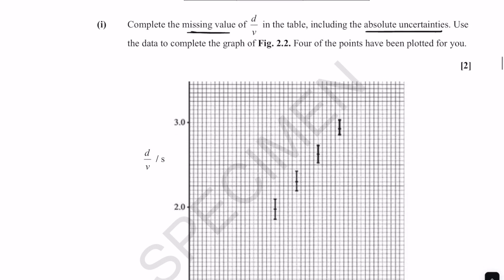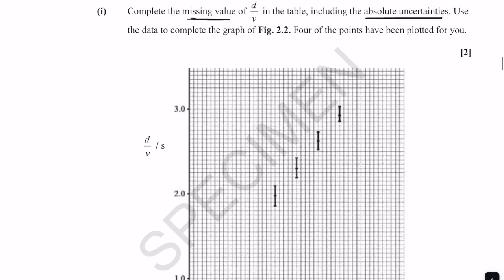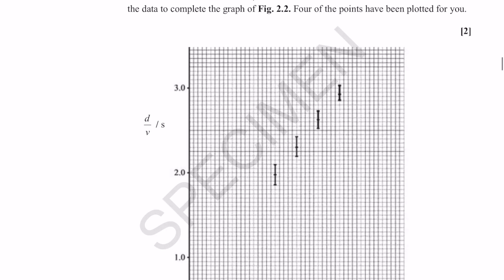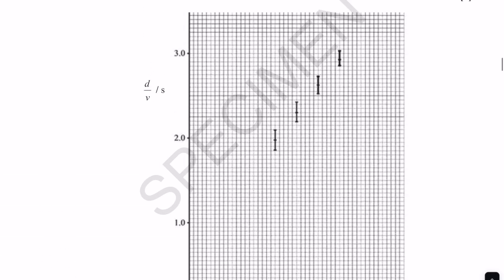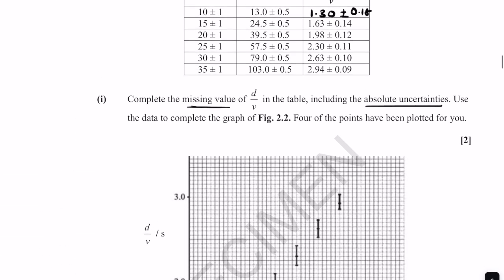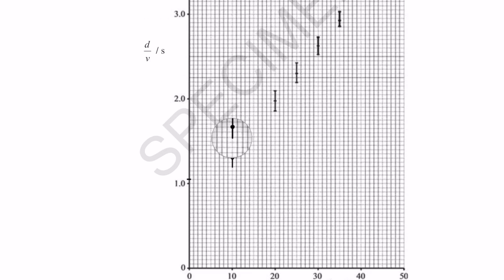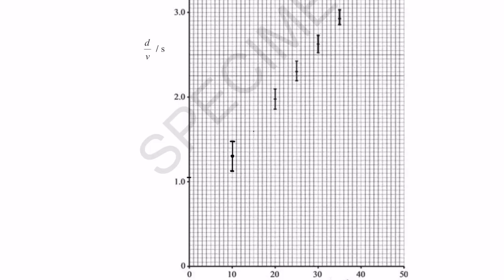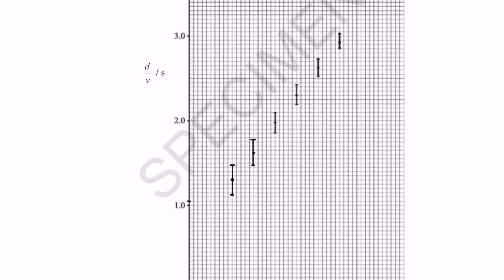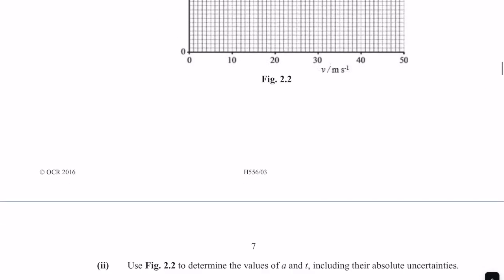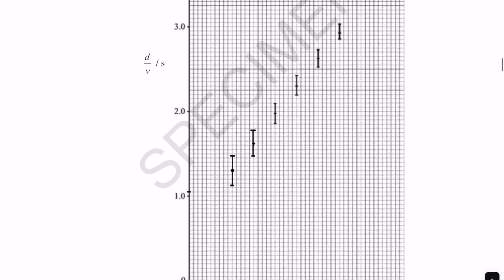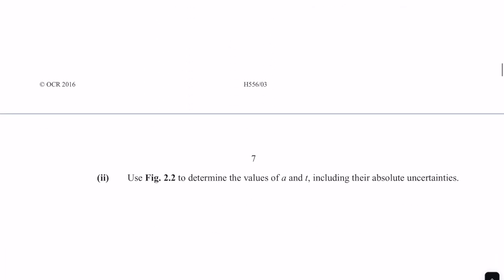Then we have to use the data values to complete the table and complete the graph, and 4 have been drawn for us. So let's do that real quick. From here now we're going to draw the line of best fit, and it asks us to determine the values of a and t, including the absolute uncertainty.